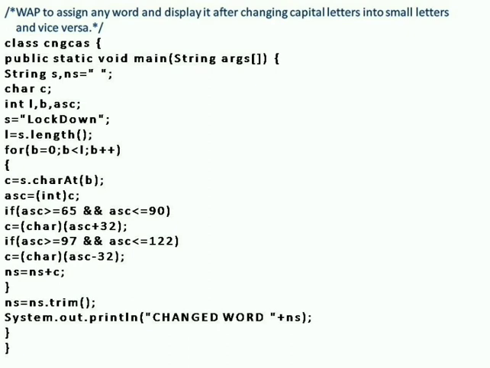That means that extra blank space in the beginning or at the end of the string is removed. Now ns is the changed word which has all the capital letters converted into small letters and small letters converted into capital letters. So finally we print the value of ns.